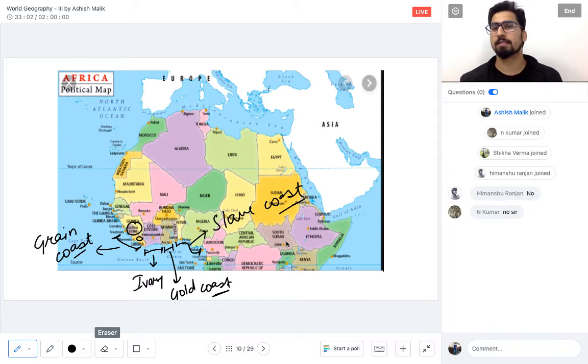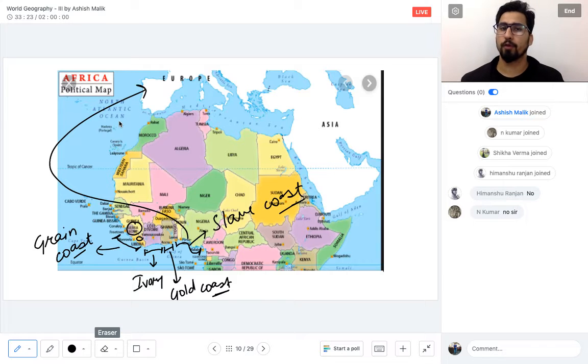It was called the Slave Coast because the whole slave trade happened there. Entire populations were captured and treated as slaves, exported from this part, and the whole trade went to Europe. So that's why I'm saying this entire part, right from Senegal up to Nigeria, was extremely exploited by colonial powers.